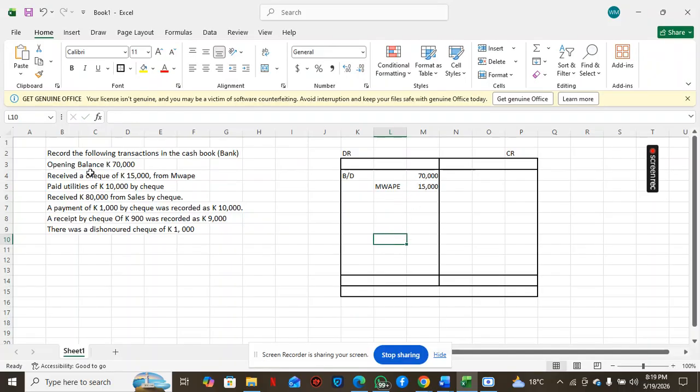The next transaction is we paid utilities of 10,000 kwacha by check. Since we paid it by check, it's money coming out. Money coming out, you credit. So you come on the credit side and you say utilities, by check, 10,000 kwacha.